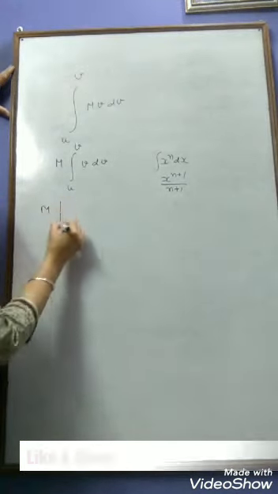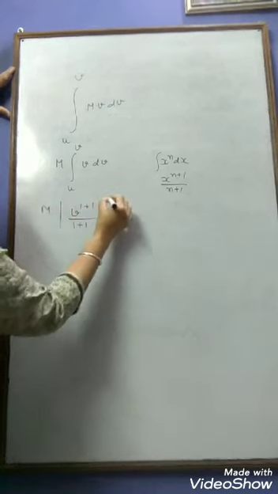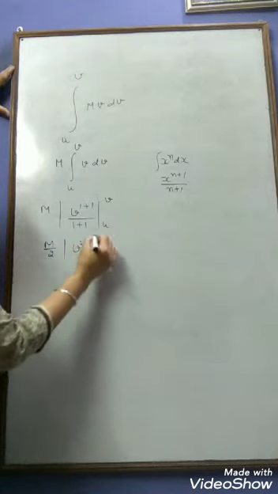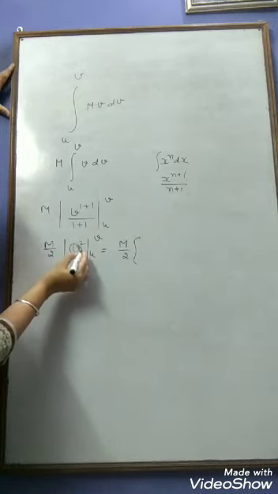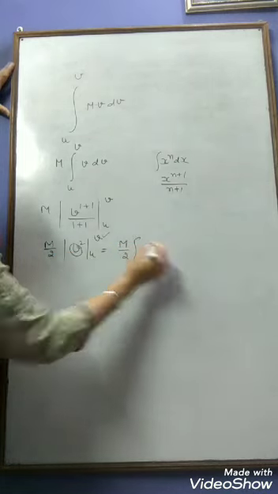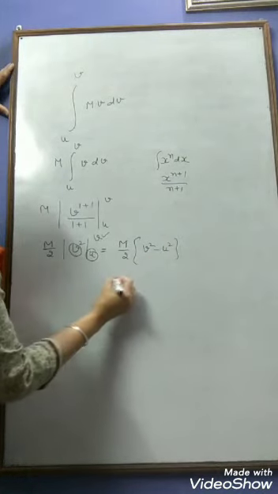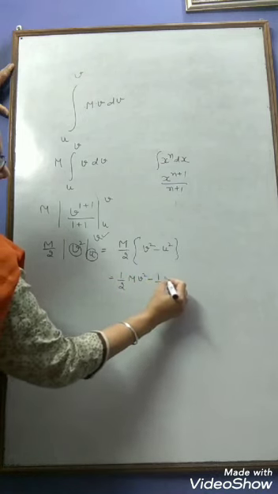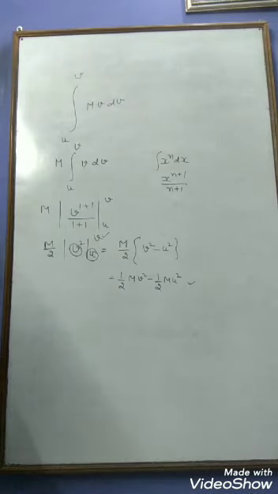So here v^(1+1) over 1 plus 1, m by 2 v square from u to v. First I apply the upper limit v square, then the lower limit u square. So it becomes half mv square minus half mu square. This is the work energy theorem that we studied in chapter number 4.